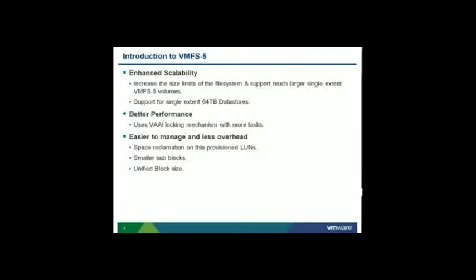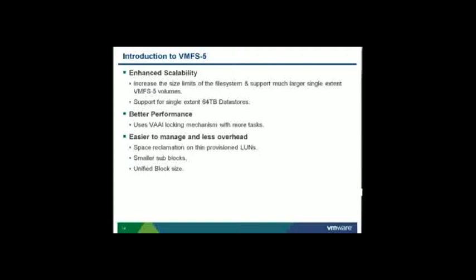There were limitations, of course, of the file system, and probably the top of your mind is that a presented LUN had a maximum size of 2 terabytes. It was actually 2 terabytes minus 512 bytes, which is a substantial limitation for very large VMs where you probably required an RDM of 2 terabytes or more.